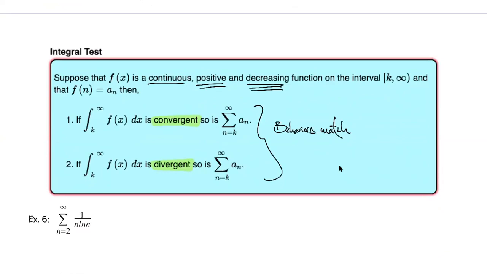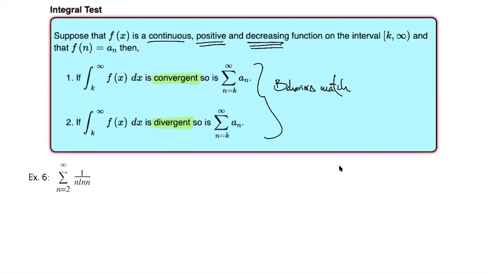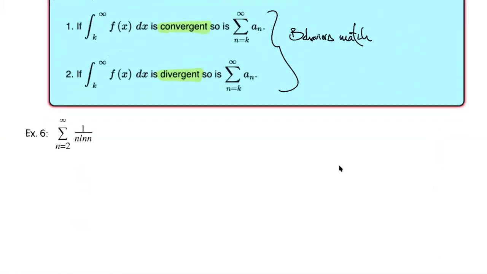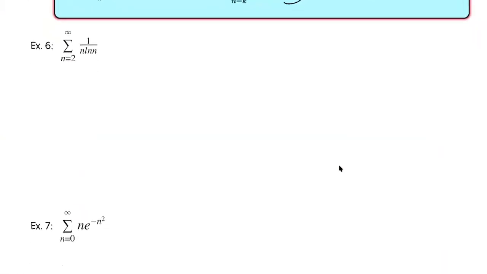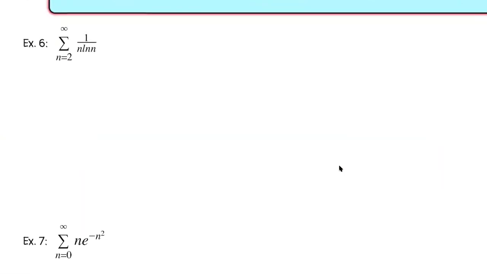So let's practice this again with 2 more integrals, and then we'll summarize when you might use this, and what some limitations for it are. Okay. So example number 6. I've got my infinite series here, okay?